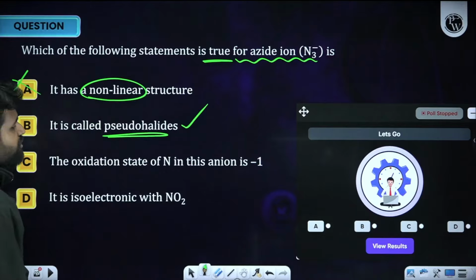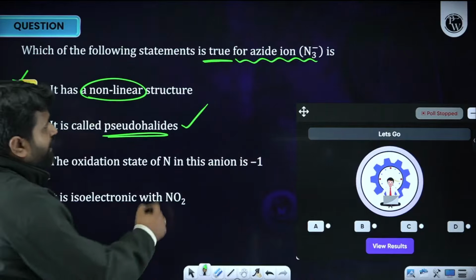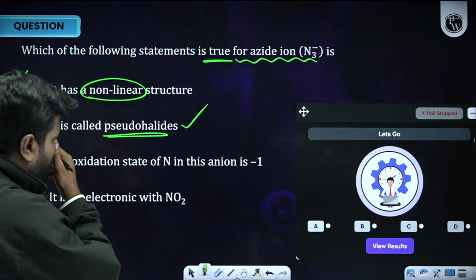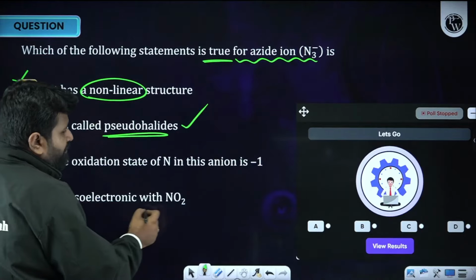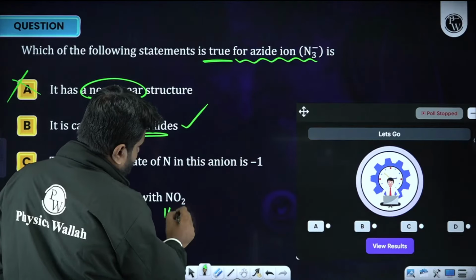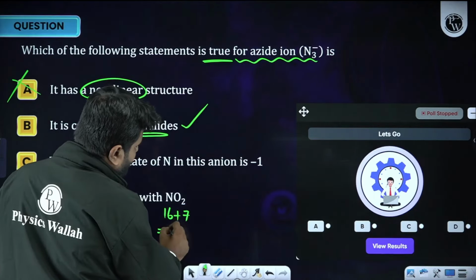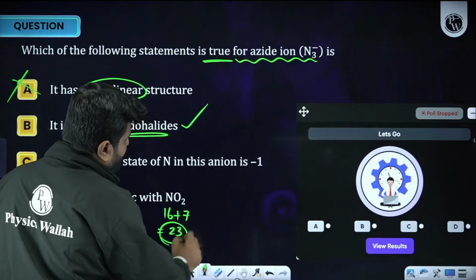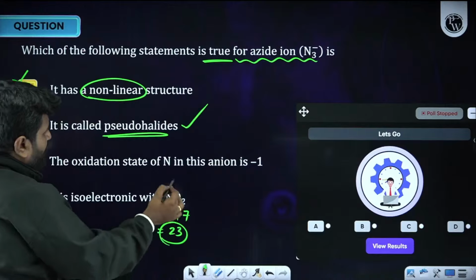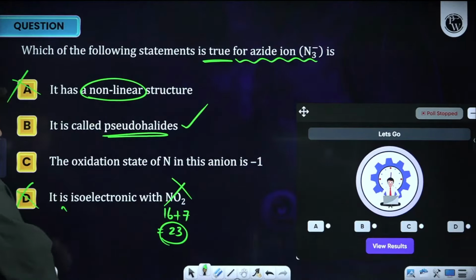Then it is isoelectronic with NO2. How many electrons will be there? 7 threes are 21, plus 1, 22. Here we will be having 16 plus 7, 23, but there we will be having 22 electrons. So it is not isoelectronic. This is also a wrong statement.